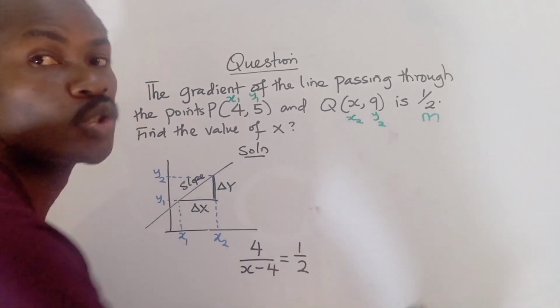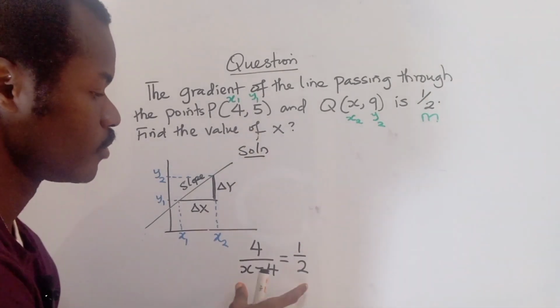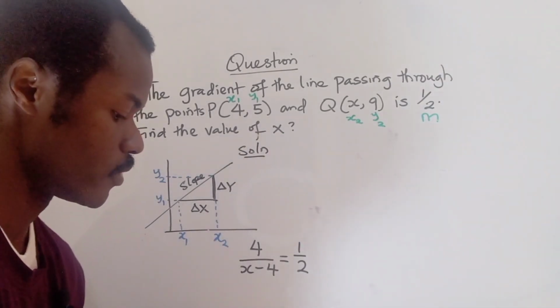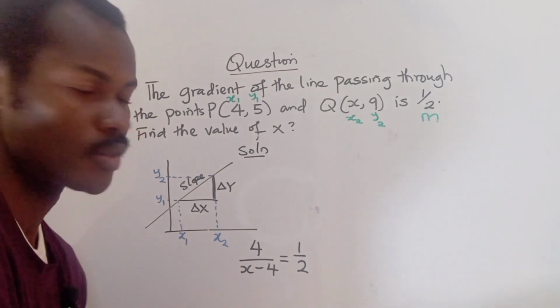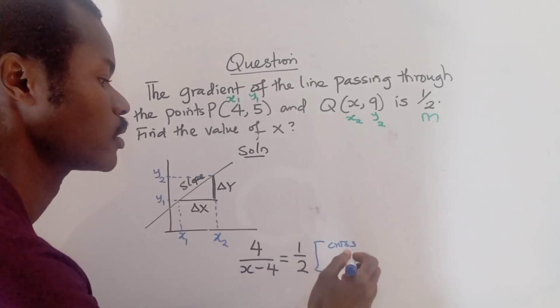The question says we should find the value of x. So from this point, how do we solve for x? We can simply cross multiply.